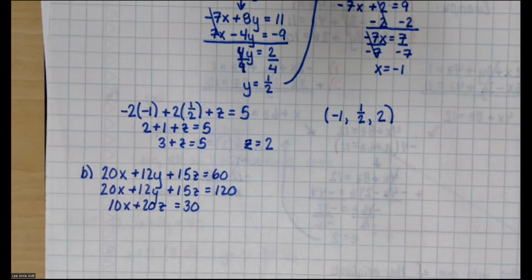It says there's no y in it, which freaks out a lot of students, but really, to be honest, it just means that somebody already did a bunch of work for you. If one of the equations is missing a letter, you should probably try to eliminate that letter in the other equations. That means that someone already did some elimination for you. If you don't like that, you can just add a plus 0y into the equation. If you add plus 0y, then it will look like the other ones.